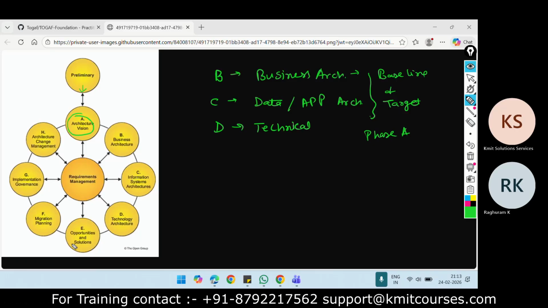It means that you conduct some initial implementation planning. In phase E, you are conducting some initial implementation planning.